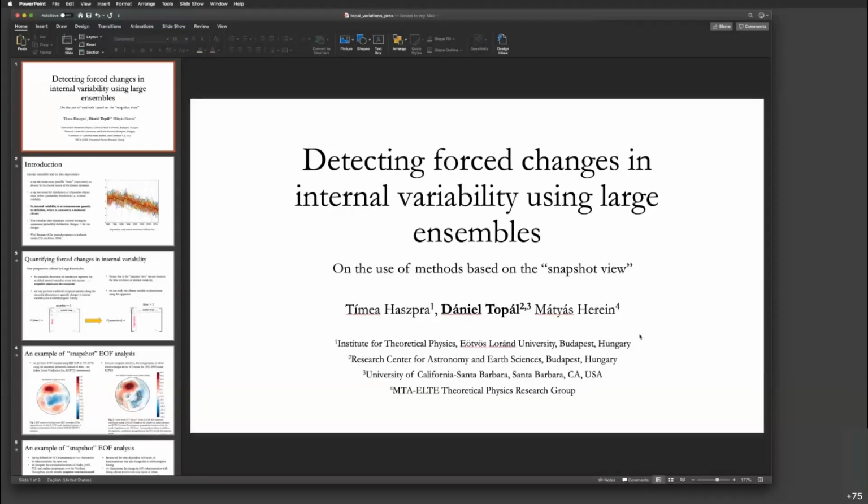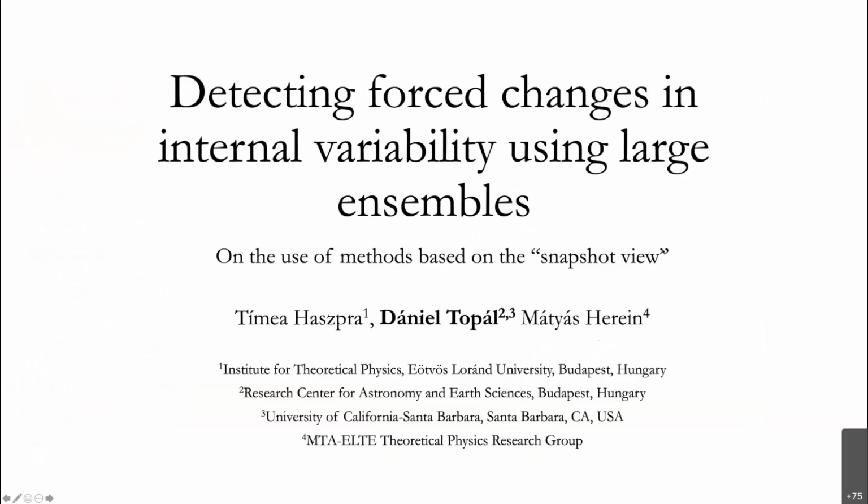Yes. Okay, so now we are at our fifth speaker, and this will be Daniel Topal, from Budapest and the University of California, Santa Barbara, and he will speak about detecting forced changes in internal variability. And this is something that we've heard hinted at from the previous speakers.